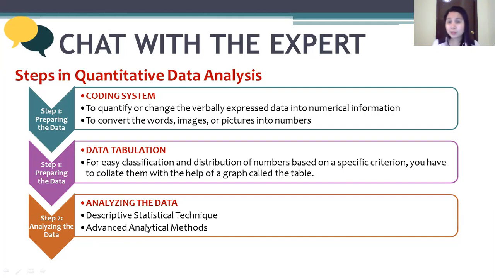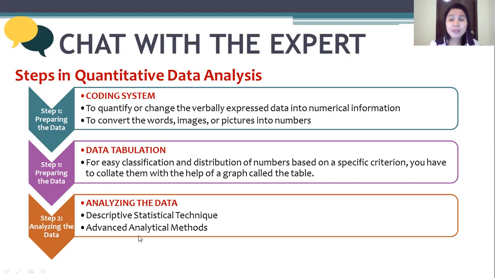High, moderate, low. That's simply describing. Or say, what is the level of academic performance? Outstanding, satisfactory, fair. That's simply describing. Or another, what is the reading comprehension level of students? Or what is the stress level of students? We simply describe the data.